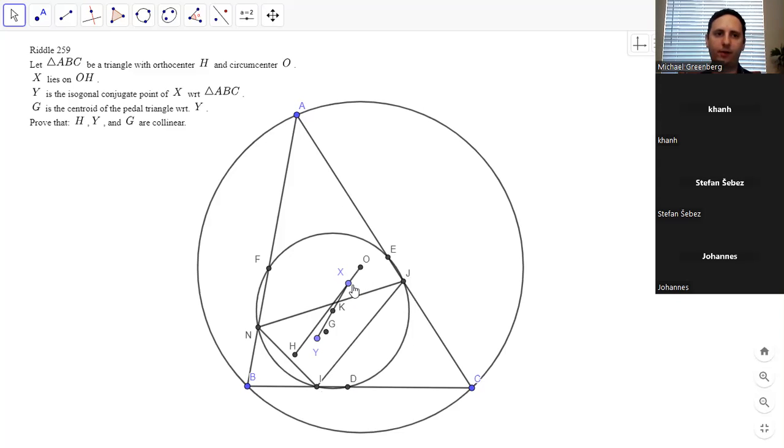And of course, the definition of isogonal conjugate: we have angle XAC is angle YAB, and XCA is YCB, and so on. XBA is YBC.